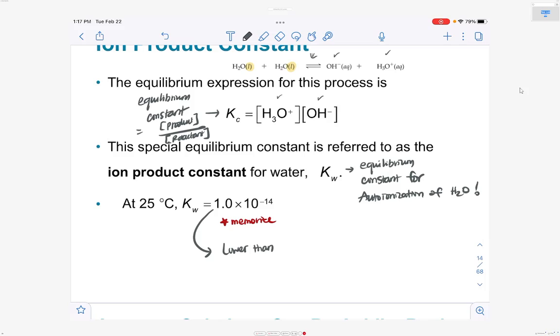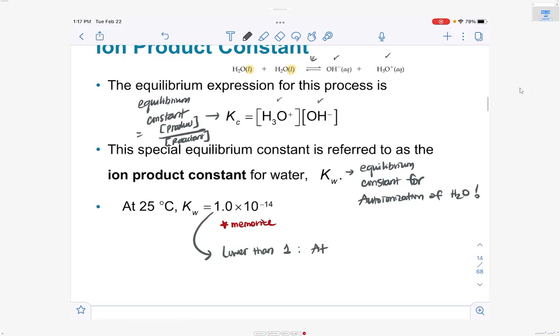So at equilibrium, the reactant dominates. So you have more water molecules than the ionized species. That's what this equilibrium constant is telling us.